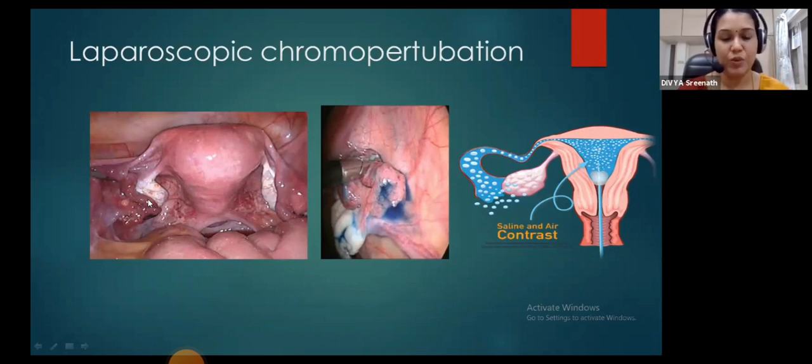We can view that. That is the laparoscopic chromopertubation. Like this, blue dye is injected, and this dye usually gets absorbed within 3 to 4 hours. Sometimes, as with an HSG, the patient may have mild abdominal discomfort or cramping, but usually this dye gets absorbed in 3 to 4 hours.